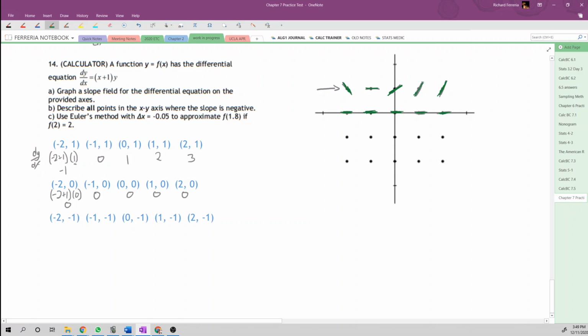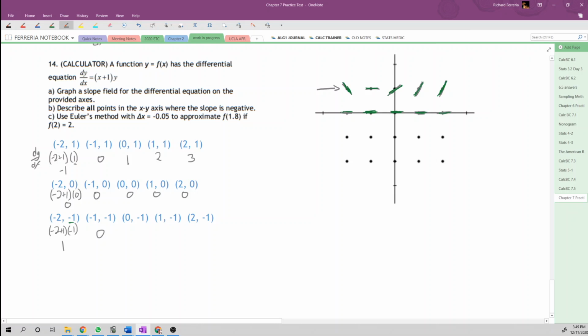Now all the y-coordinates are -1. And as we go across this time, we get (-2 + 1) multiplied by -1. And these are all going to be multiplied by -1. So this is actually going to be the same slopes as what we saw in the first line, but with the opposite sign. So over here we had -1, so this will be positive 1.